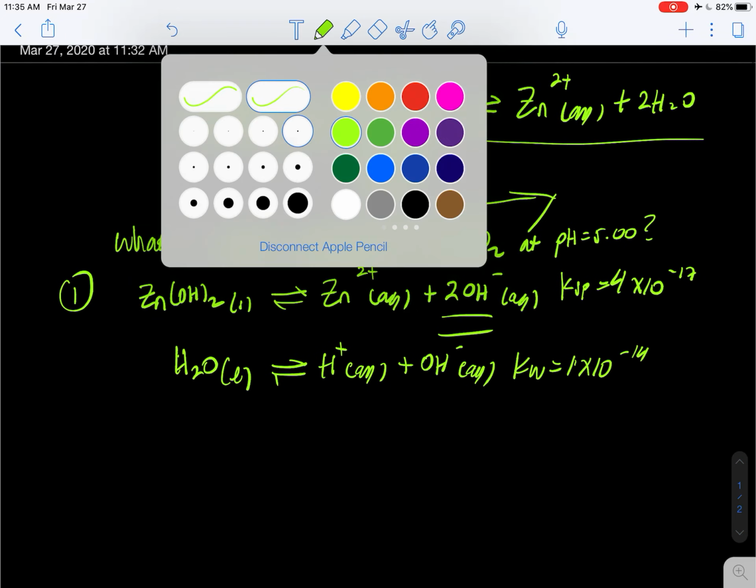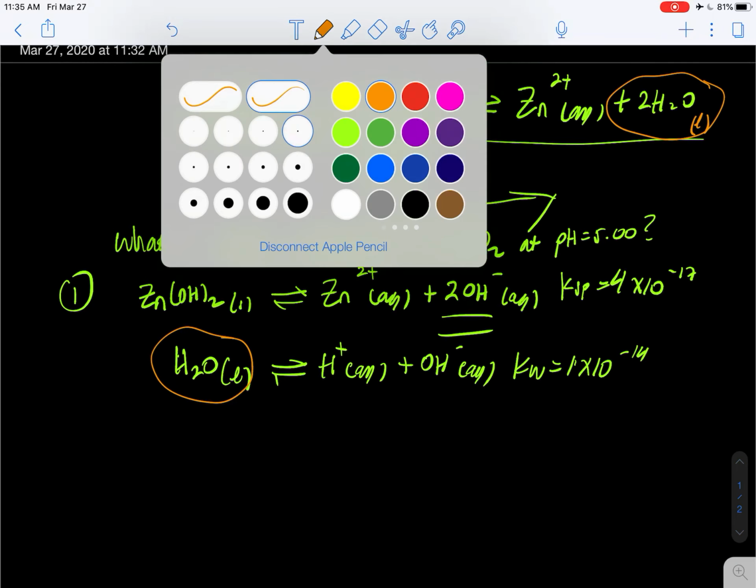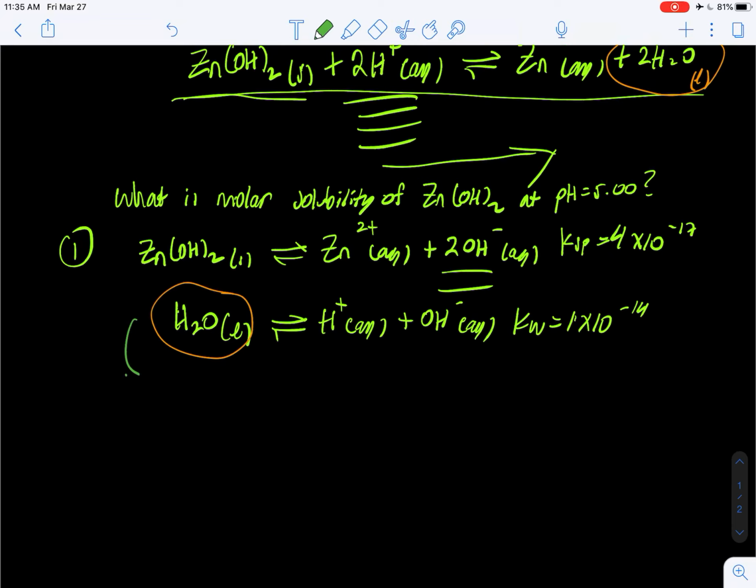Now, in this top equation, we have water on the right, and on this equation that I'm writing down here, water is on the left. So what we need to do is flip this chemical reaction to give us H plus and OH minus in equilibrium with H2O liquid.